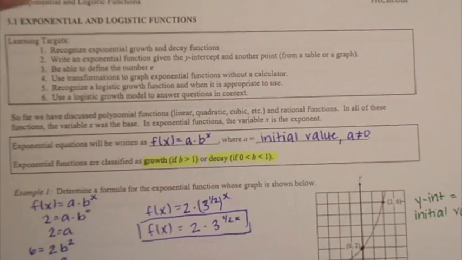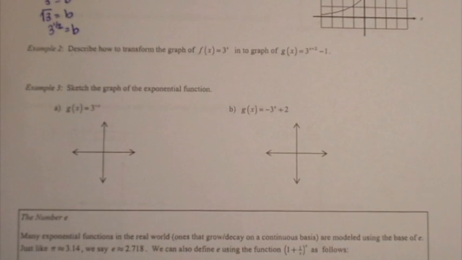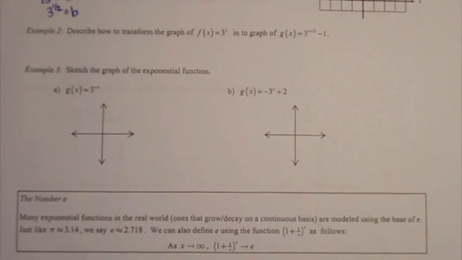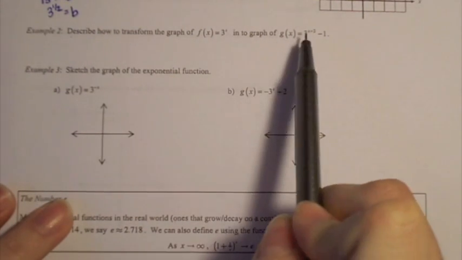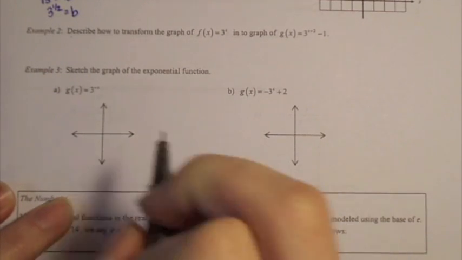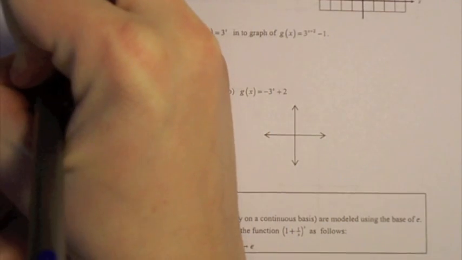Now, let's move on to the next example. We're going to describe how to transform the graph of f of x equals 3 to the x into the graph of g of x equals 3 raised to the x plus 2, minus 1. Let's use the transformations we learned in Unit 1. Since the plus 2 is inside the function, we know that we will move left 2.